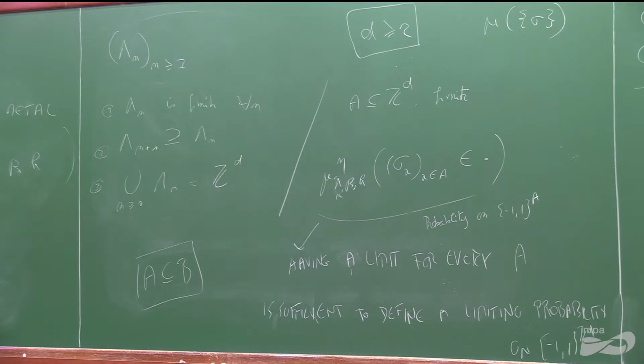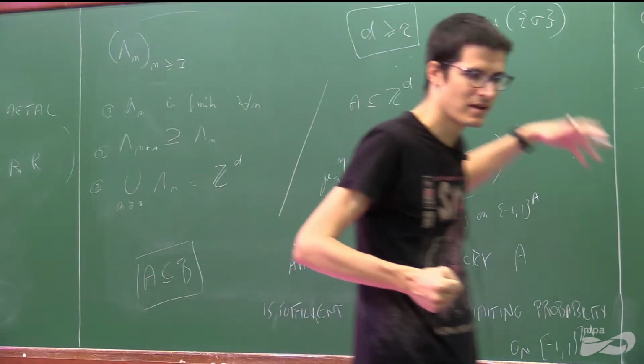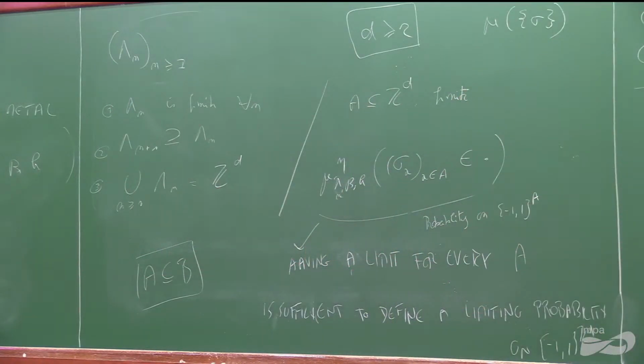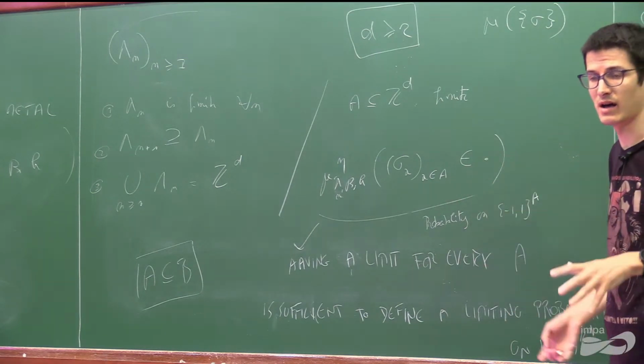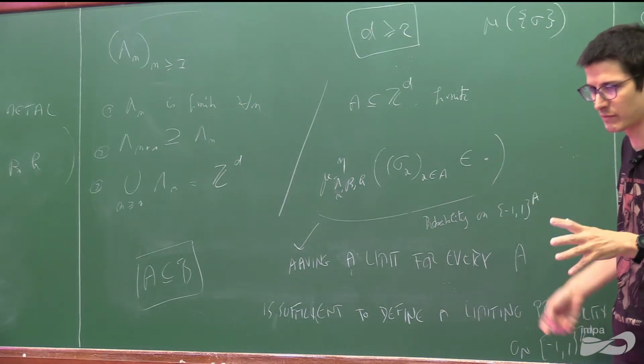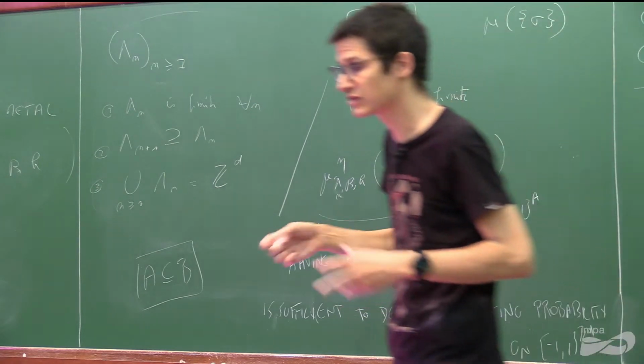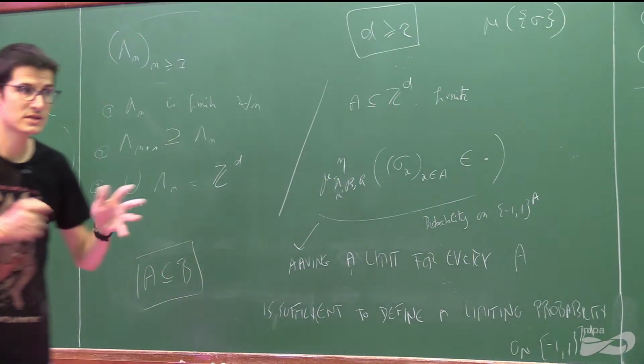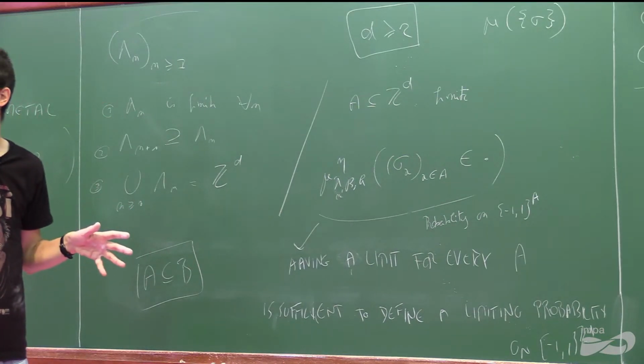I've not even taught that in my measure theory class, but there is a general result called the Kolmogorov extension theorem that says if you have a set of marginal probabilities that are coherent between themselves, you can define the probability on the larger space for which the finite dimensional projections correspond to the probabilities you started with.